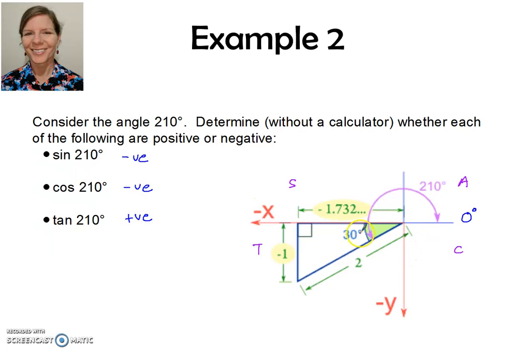Now, the nifty trick here is that you can just use whatever the equivalent acute angle is. Although this is 210 all the way around here, that's 30 degrees greater than 180. So you can use the exact value for 30 degrees, and then determine whether it's positive or negative because you know it's in the third quadrant.